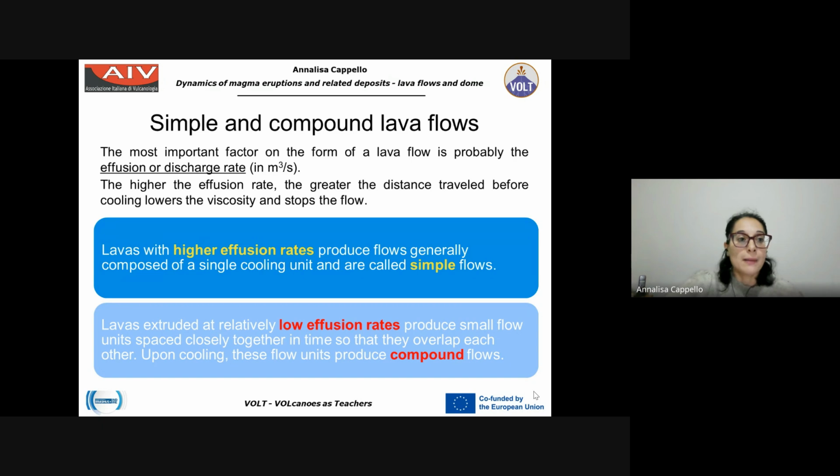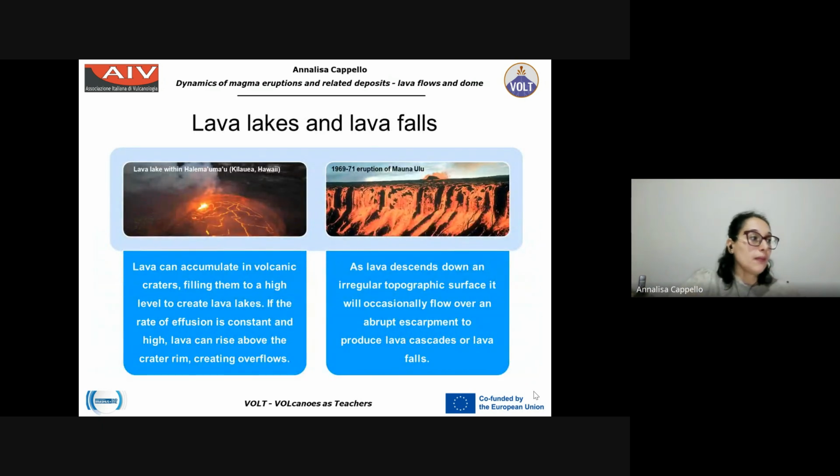Now we will see some interesting phenomena due to effusive eruptions, which are lava lakes and lava falls. Lava lakes.